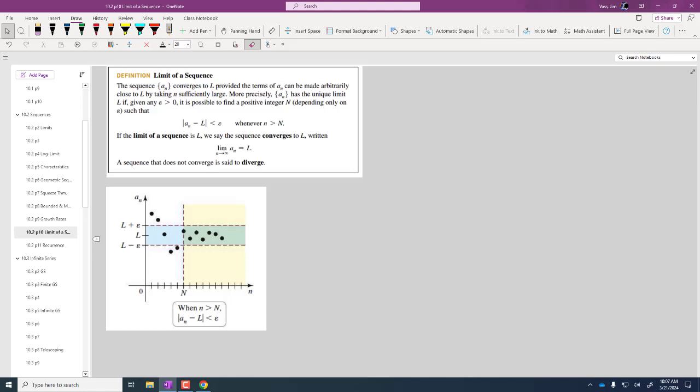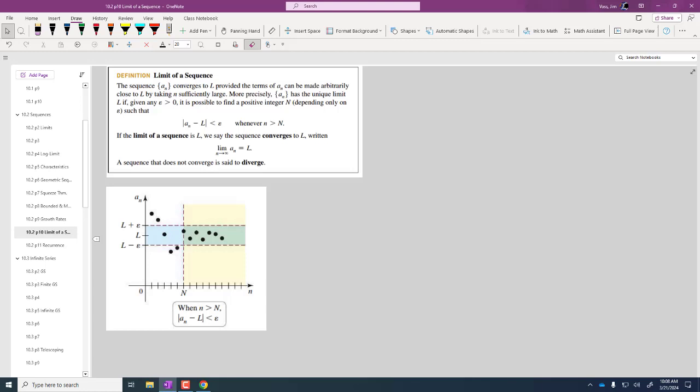So if you imagine this sequence having a limit, what it means to have a limit is that no matter how small you pick epsilon, so you're creating this little epsilon tunnel around L, eventually there has to be an n, a capital N on the x-axis, for which the sequence is trapped inside that little epsilon interval, epsilon strip, epsilon tunnel, however you want to think about it.